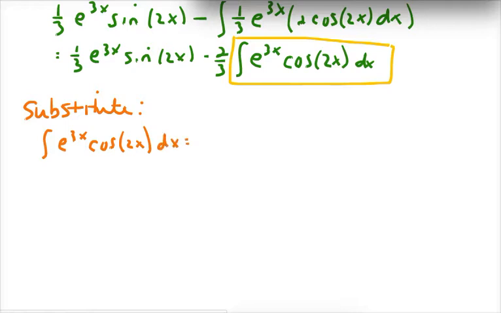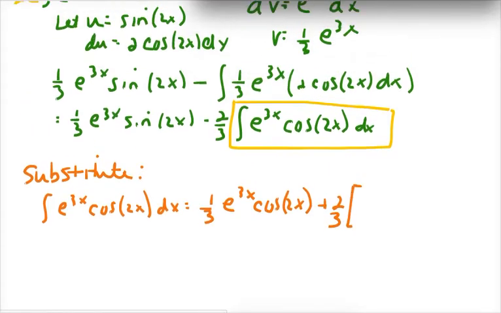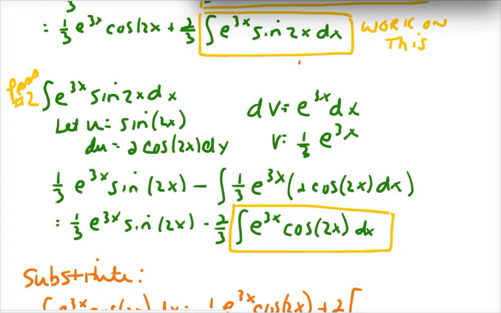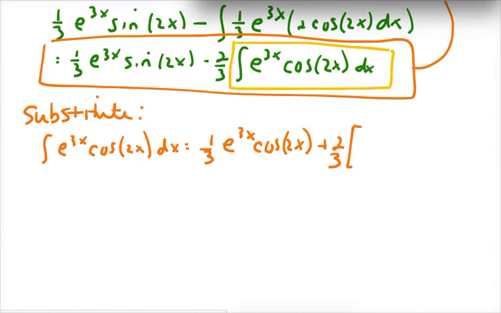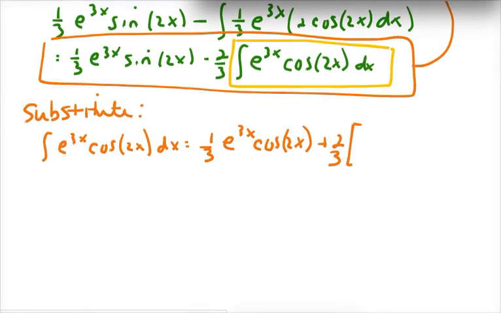Right? That was equal to, after the first pass, 1/3 e to the 3x cosine of 2x plus 2/3, right, I'm going back here now, and I'm going to substitute in all of this into here. So I may have to go to another page.